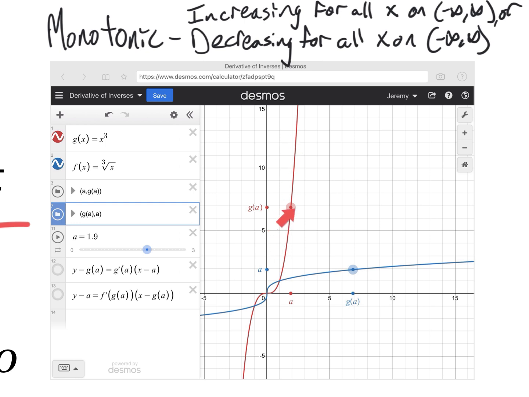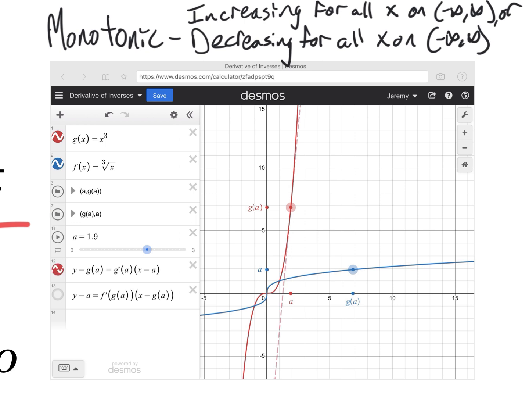Here we have the point a comma g of a. We're going to find the tangent line going through there, so we'll use point slope form: y minus g of a, the y value, equals g prime, that's the derivative here, times x minus a. So let's get our derivative going here.